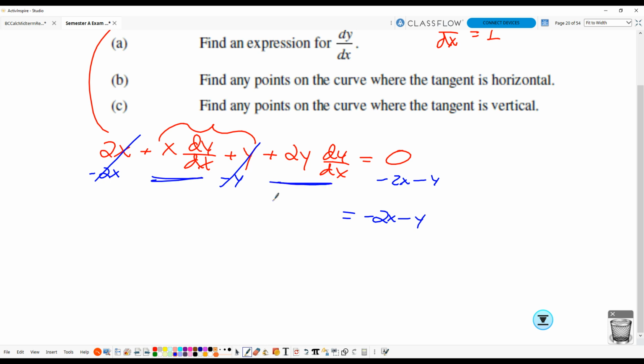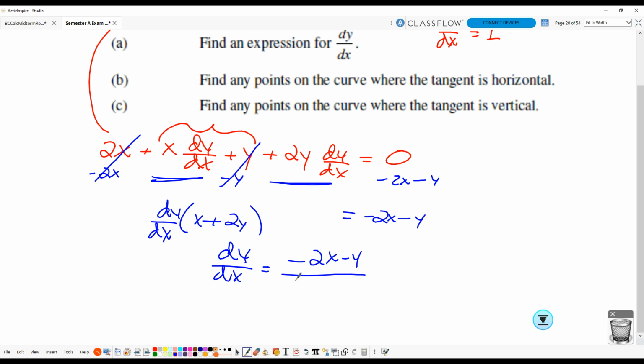Then I have those two terms with dy/dx on them. And then, now that it's factored out, that's some business. I should remember that.